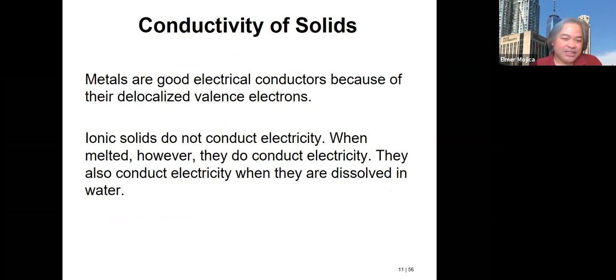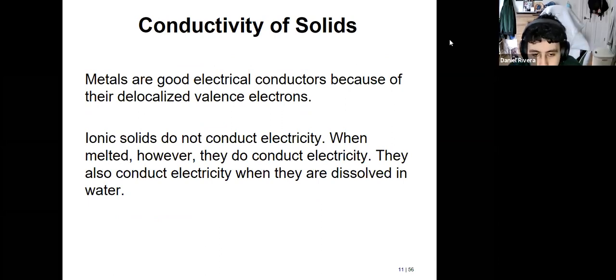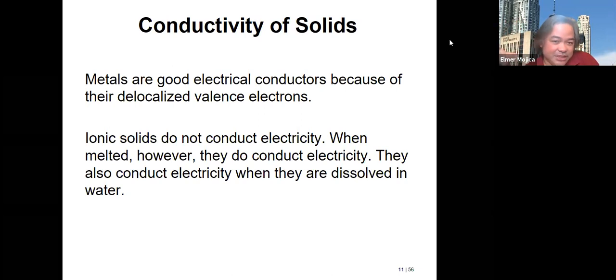Conductivity: metals will conduct electricity in any form. Ionic solid will only conduct electricity when it is what? Can the ionic solid conduct in solid form? The answer is no. Why? Because the cations and anions are not separated.